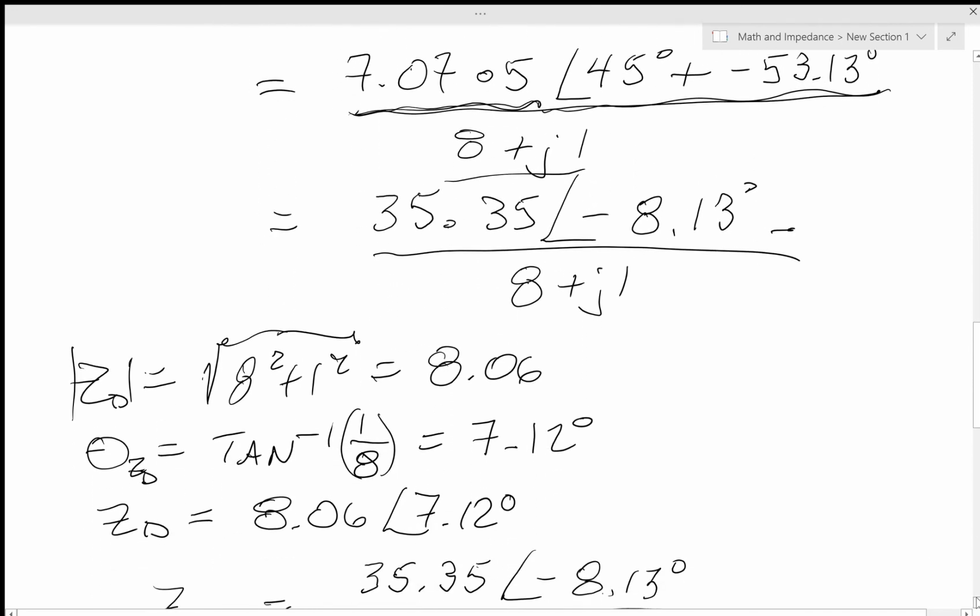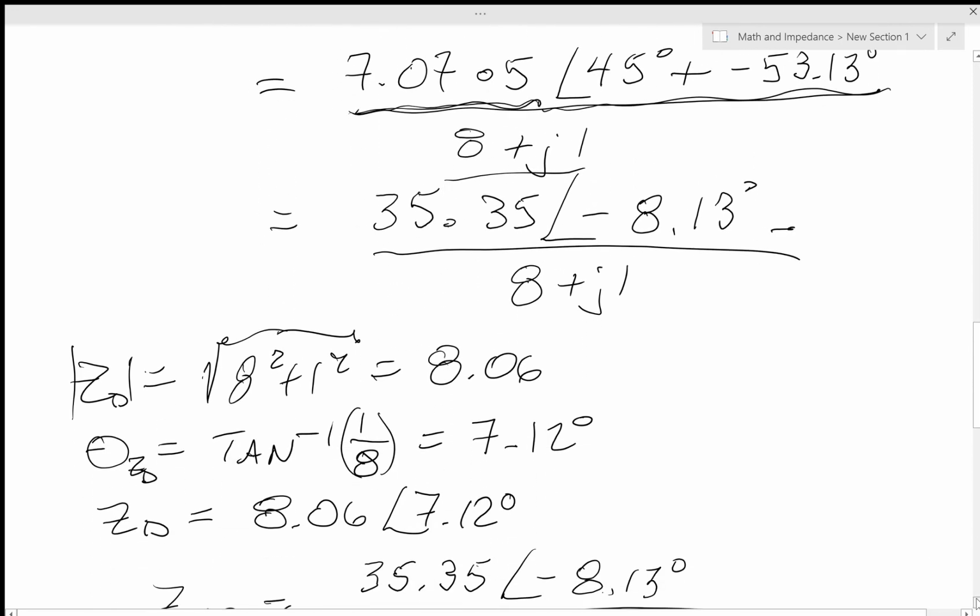I use the Pythagorean theorem: Z in the denominator equals the square root of 8 squared plus 1 squared, which equals 8.06. And theta of Z in the denominator is going to be tangent inverse, once again, of the imaginary part 1 divided by the real part 8, opposite over adjacent, which equals 7.12 degrees. So I get Z in the denominator 8.06 at an angle of 7.12 degrees.